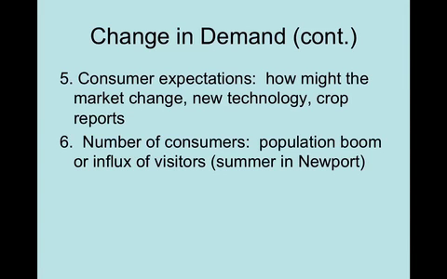And then finally is number of consumers. And again, this could go a couple different ways. One is we could have a population boom. And certainly you guys know that the baby boomer generation, really your parents, my parents, I guess yours are maybe not there, but mine certainly are in that baby boomer generation. That's a population boom. And so the demand for products that those people need is on an upswing.